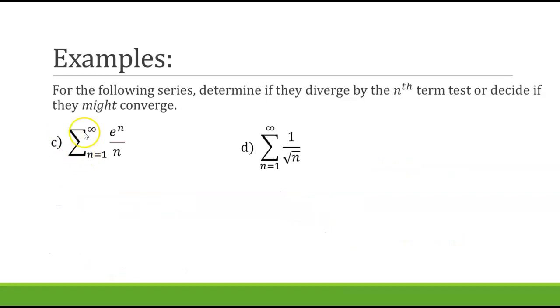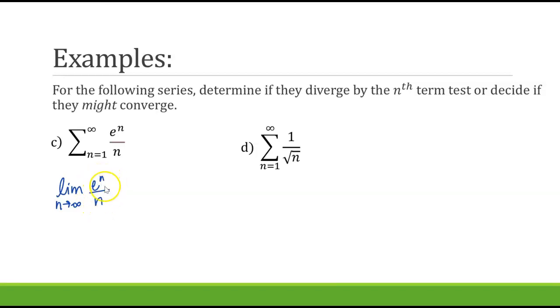Let's move on to part C, the sum of n equals 1 to infinity of e^n over n. So again, the test for divergence, or the nth term test, has us looking at the limit as n approaches infinity of e^n over n, the general term. e^n is an exponential function, which we know is going to grow bigger, faster than the polynomial function on the bottom.